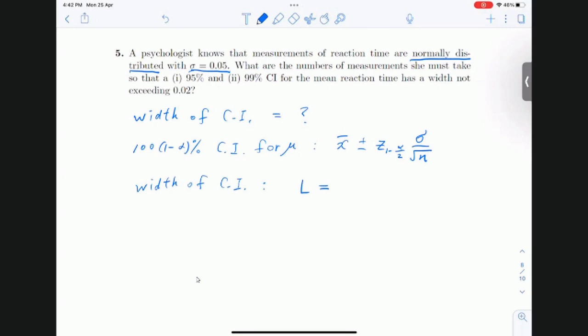Based on this formula, we can write down an expression representing the width of the confidence interval. The confidence interval extends from the mean to the right-hand side by this quantity and also to the left-hand side by this quantity. So the width of the confidence interval will be equal to 2 times the margin of error.